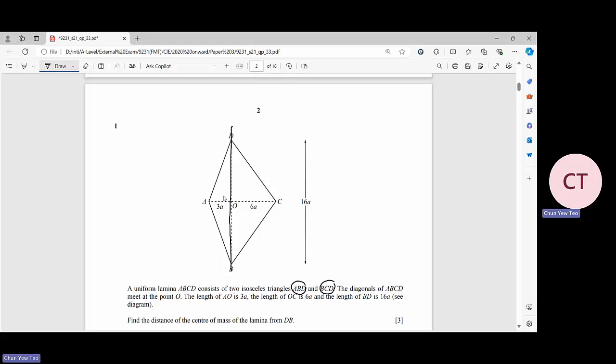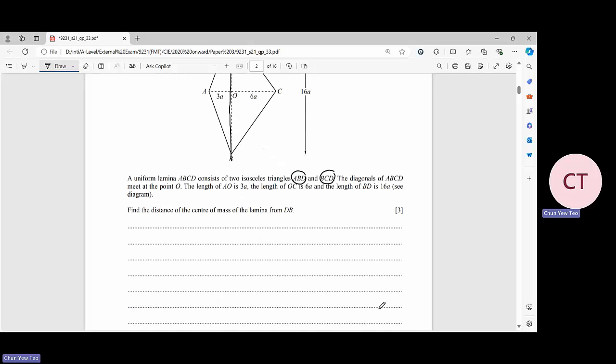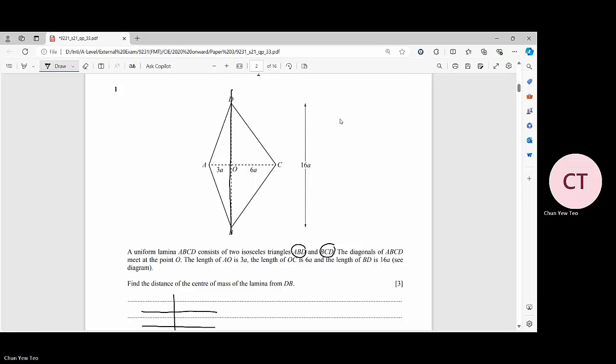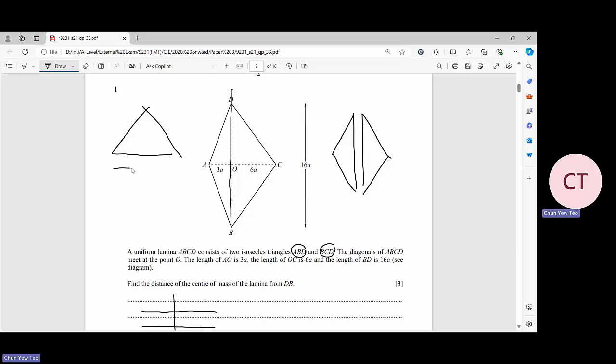So first of all, we build the table. We can separate this into two isosceles triangles in this way, or you can also separate them into triangles like this.